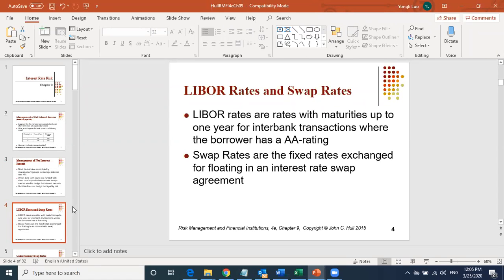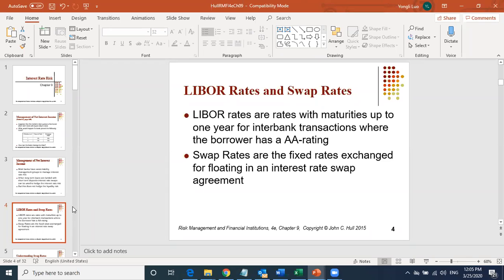In the international market, we usually use a LIBOR rate as a risk-free rate. So what is a LIBOR rate? A LIBOR, do you remember, is a London interbank offering rate.